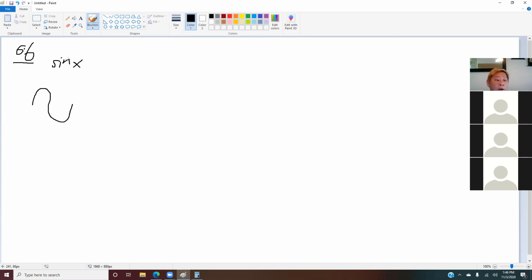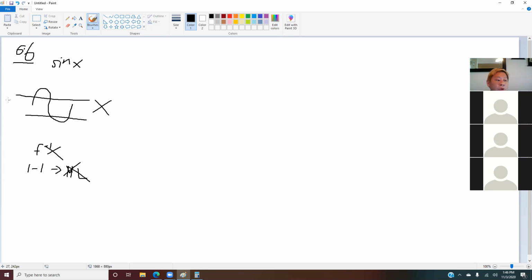In order for us to have an inverse function, the function has to be one-to-one. One-to-one means that it will pass the horizontal line test, but unfortunately, if you draw the horizontal line, it fails.